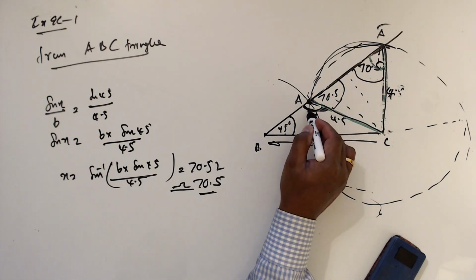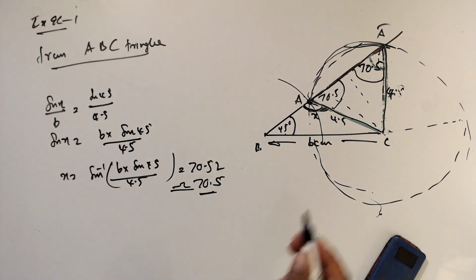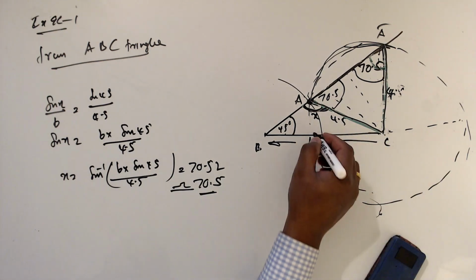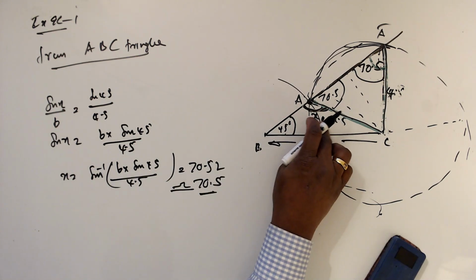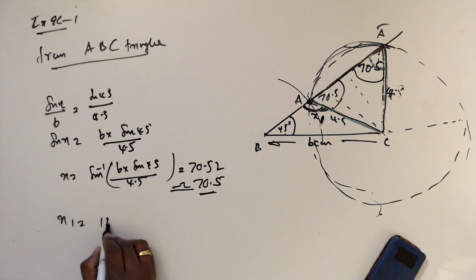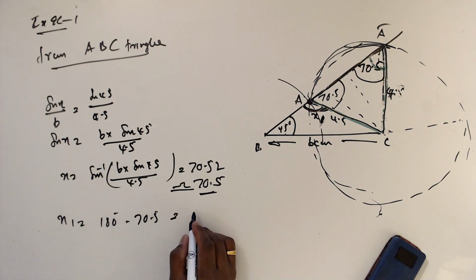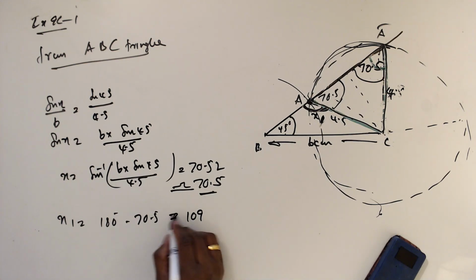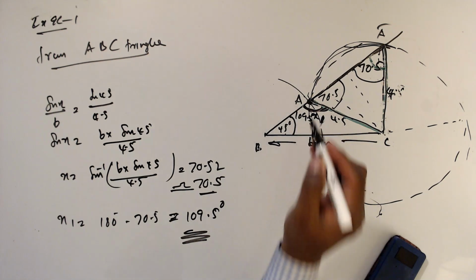Then this one is going to be 180 minus. I will put this as X1 now. X1 equals 180 minus 70.5, which is 109.5 degrees. So this one is 109.5.